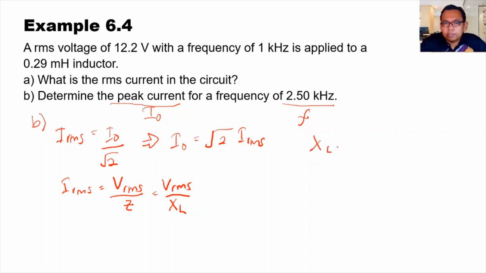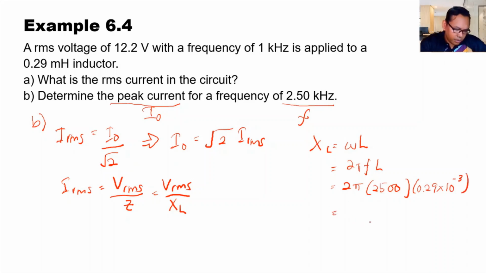So XL is equal to angular velocity times inductance, and is equal to 2 pi frequency times inductance. Now the new frequency we substitute, 2500, and then the inductance is given, 0.29 times 10 to the power of -3 Henry, and we get the value 4.56 ohm.